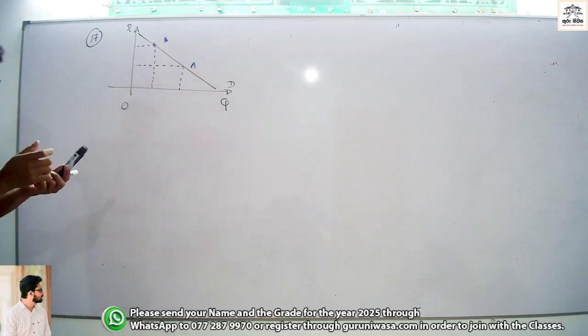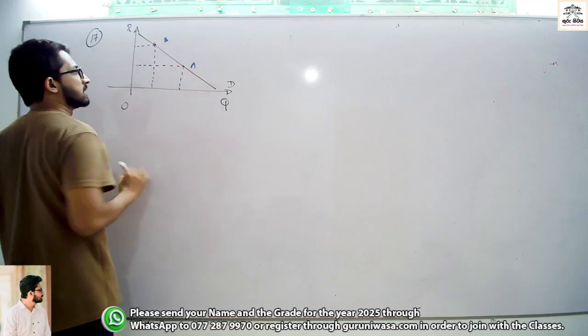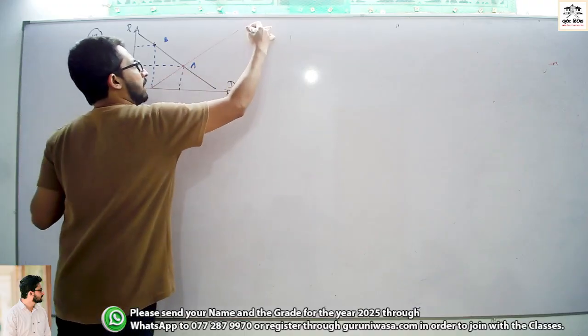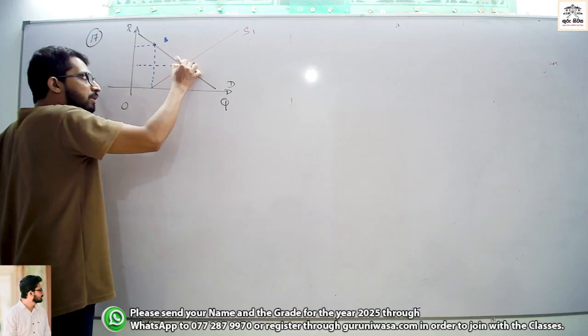Remember, A and B are equilibrium points. This is the original supply curve. Here point A means one of the equilibrium points.